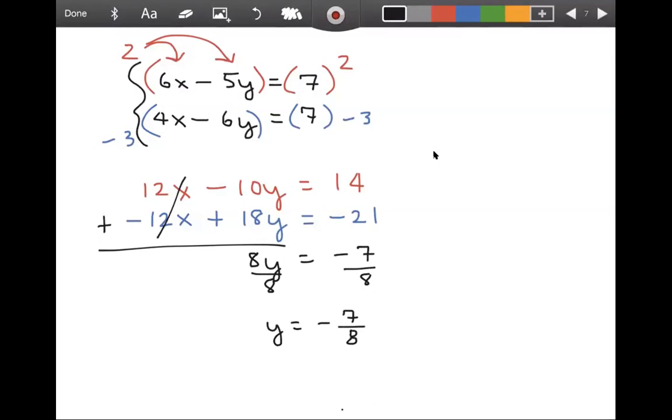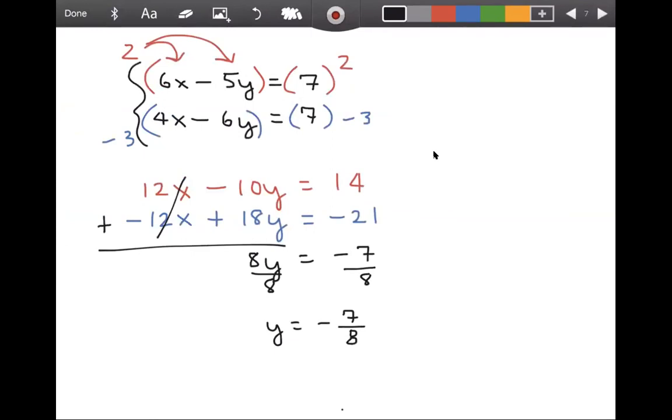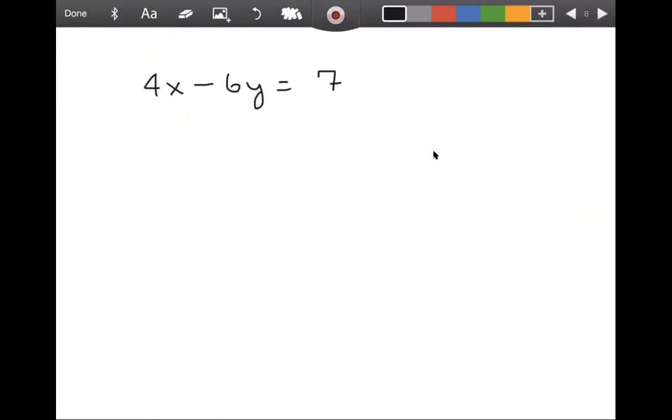So now we have to substitute that value into one of the original equations to figure out x. I will pick the second equation, and I think I'll do this on the next page. So 4x minus 6y equals 7. And we think y is -7/8.